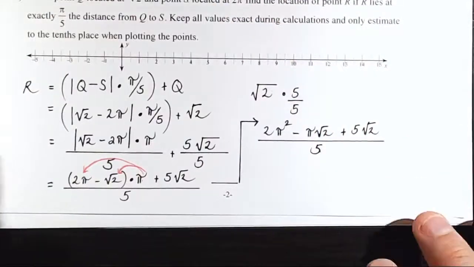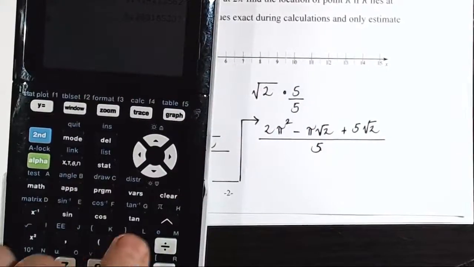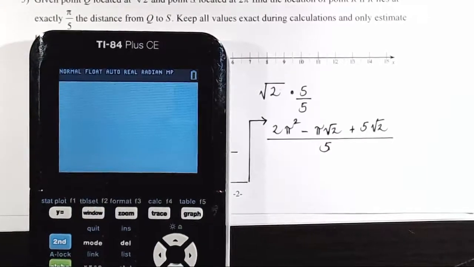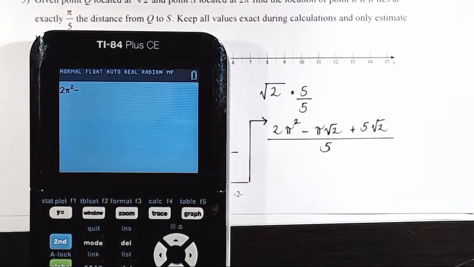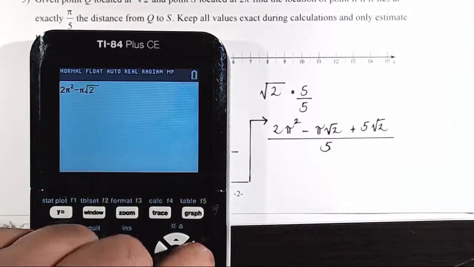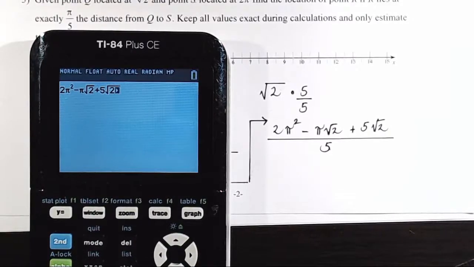And we want to now estimate what this value is. This is so cool. All right, so let's go ahead and put it all in. Let's put it in one piece at a time, people. 2 pi squared minus pi times the square root of 2 plus 5 times the square root of 2. Okay? And I guess I should have put all of that in a fraction, right?